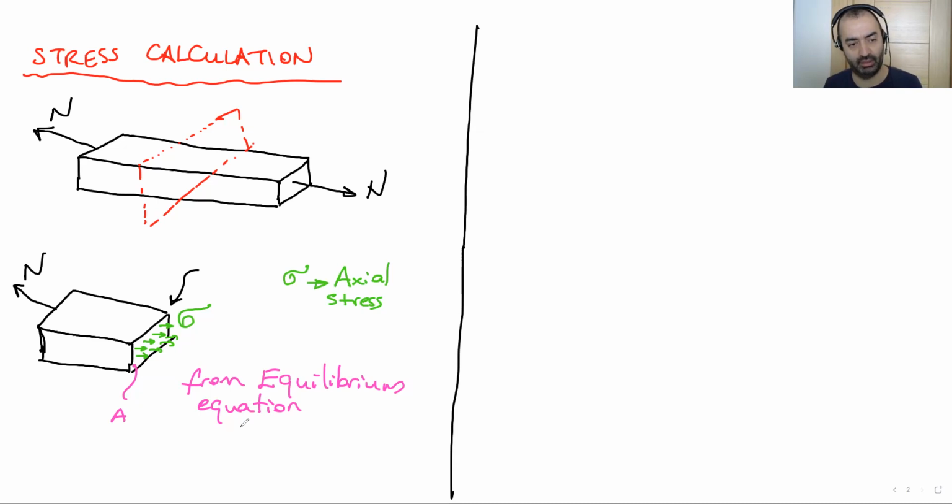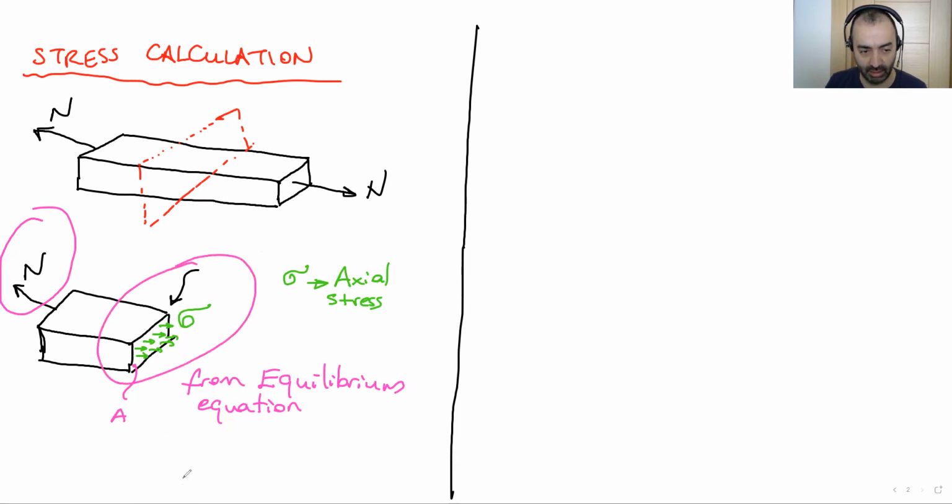So if there is a balanced position, you can write the equilibrium equation. That means the total force at the left-hand side equals the total force at the right-hand side. And the total force here is stress times area.